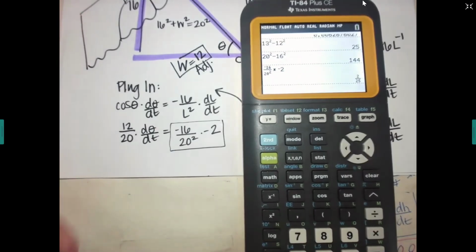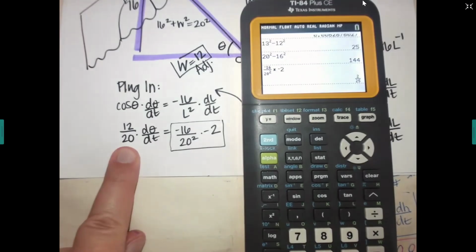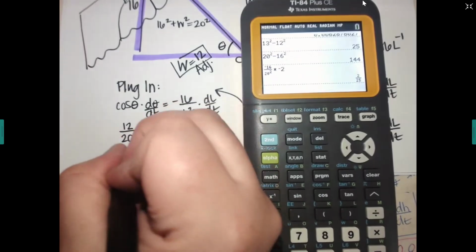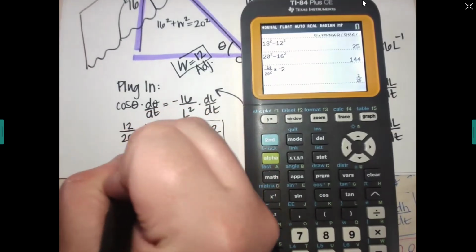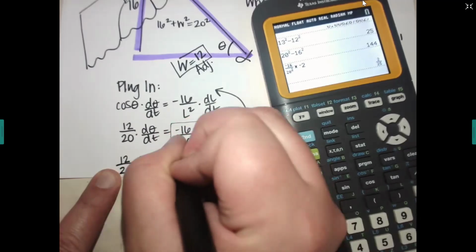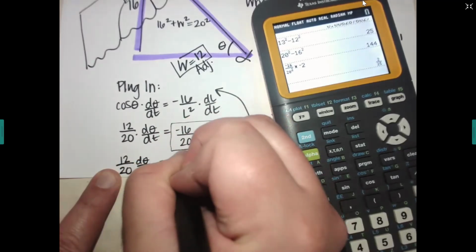And then if that's equal to 12 over 20 d theta dt, how can I get rid of the 12 over 20? Because I'm trying to get d theta dt by itself. Divide by it, which really means multiply by the reciprocal. So I have 12 over 20 d theta dt equals 2 over 25.